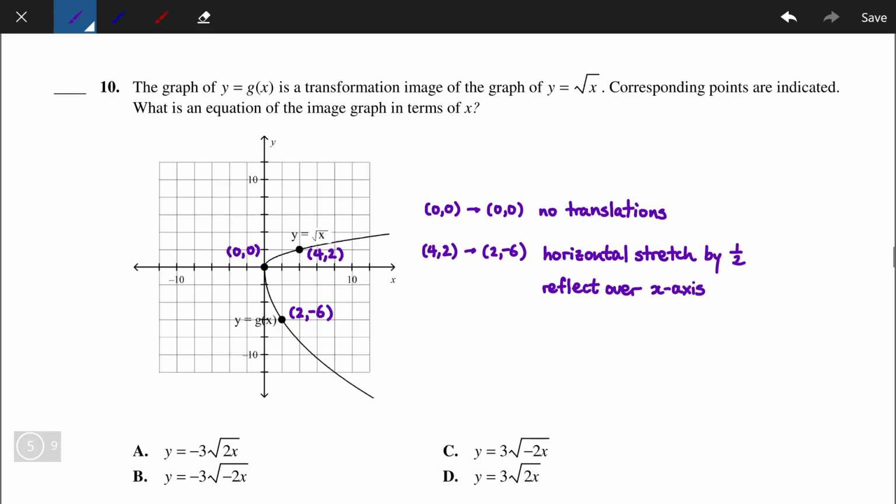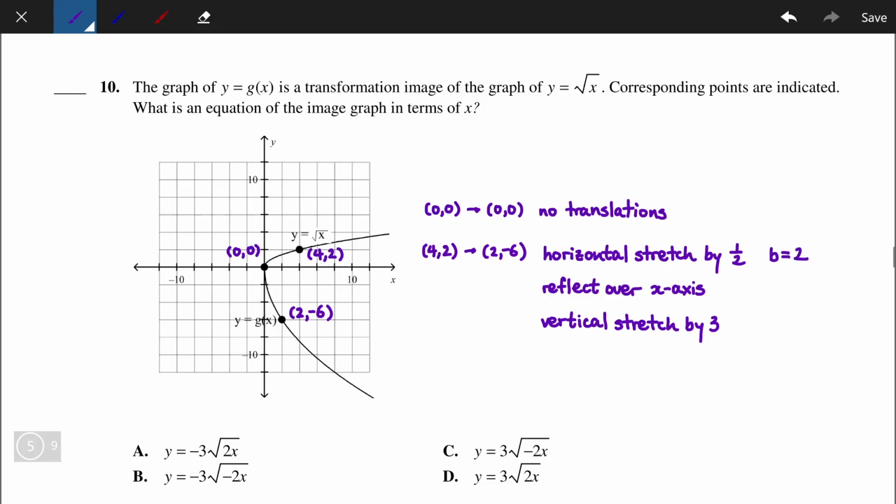And finally, there was a vertical stretch by a factor of 3, since a value of 2 becomes a value of negative 6. So the first transformation tells us that the b value was simply 2.